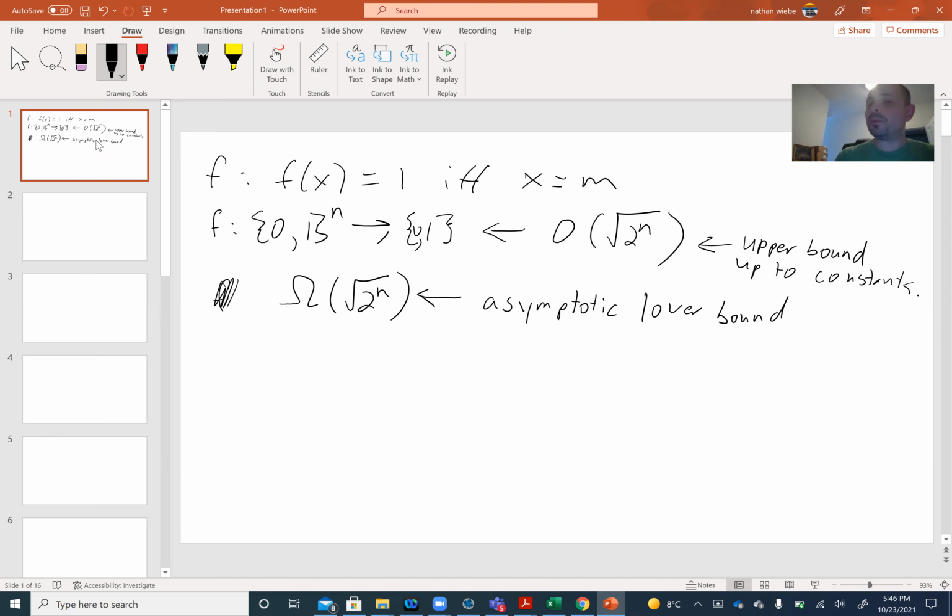So in this case, the lower bound and the upper bound coincide, which means that the scaling of the number of queries that we need in the best possible case asymptotically goes like square root of 2^n. We usually write this using Bachmann-Landau notation with a big Theta. Okay, so this is what we're going to be ultimately showing.